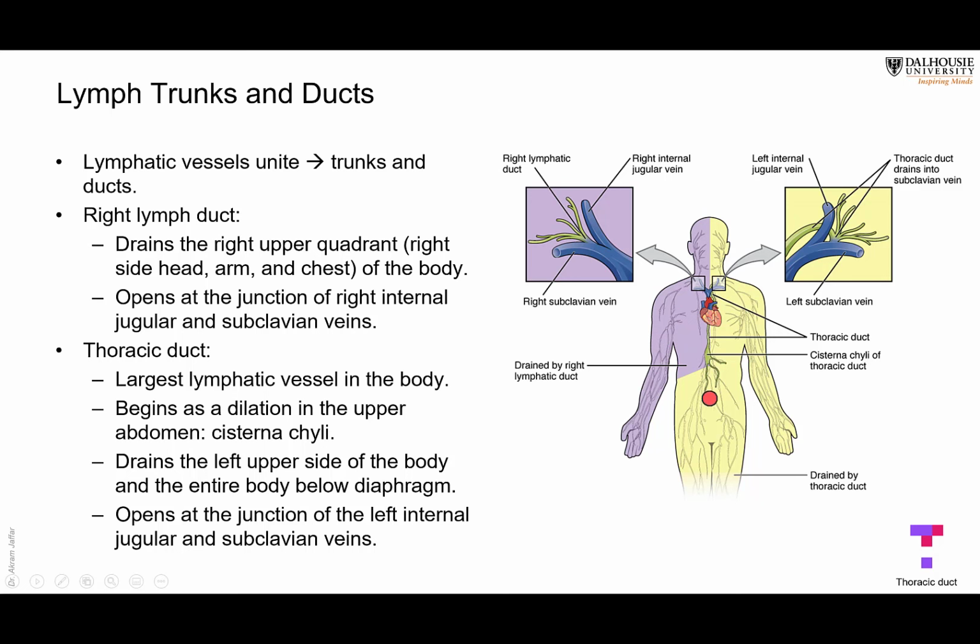While the remaining 3/4 of the body is drained, on the left side, at the venous angle on the left side, by what we call the thoracic duct. So we have the left head and neck, left side of the thorax, left upper limb, and the entire, both sides of the abdomen, both sides of the pelvis, both lower limbs, everything below the diaphragm is drained into the thoracic duct.